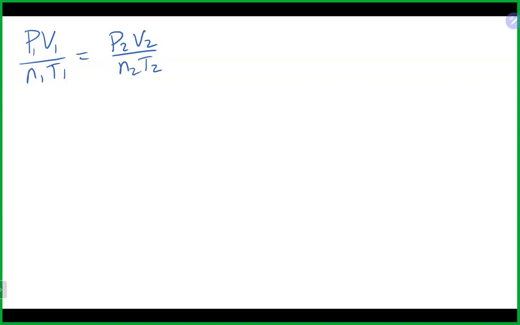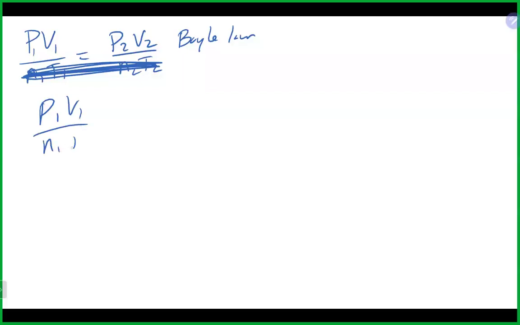So for example, if I come across a problem and the only thing I see is pressure and volume in the problem, no temperature, no moles mentioned, or they say they're constant, I just scratch it out and there's Boyle's Law. If I come across a problem where I see nothing about pressure or moles, I scratch them out on both sides.